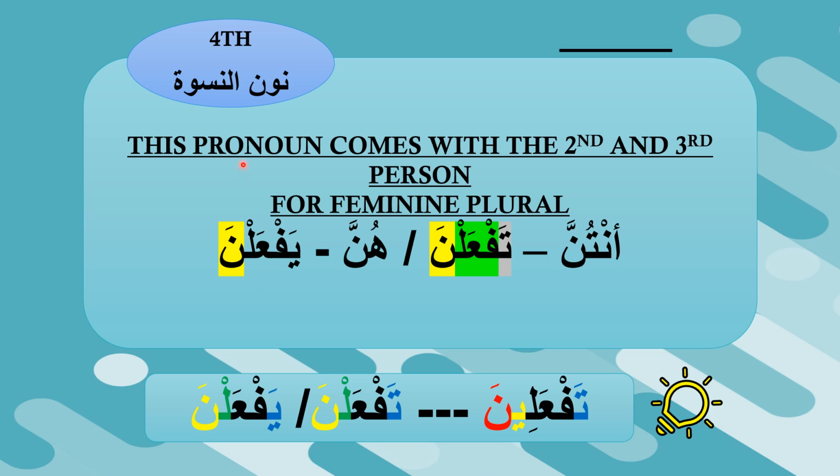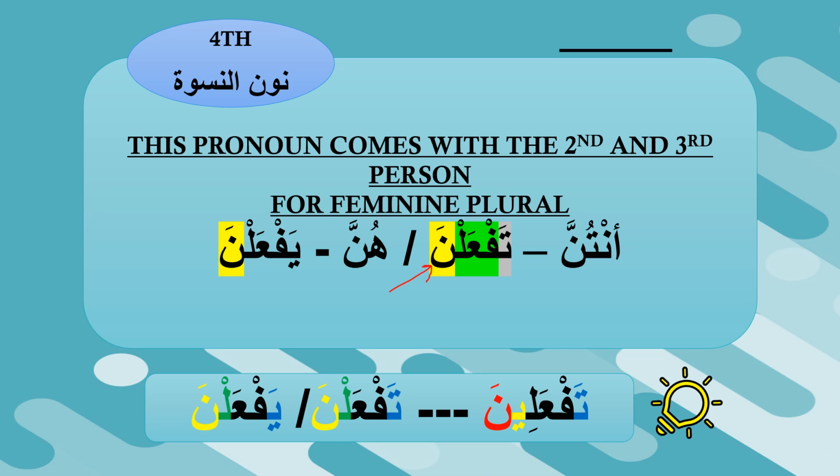Coming to the fourth pronoun, the noonun niswa. Here is the example of mukhatib antunna and hunna from the ghayabs. As you can see from the mukhatib, the ta represents the mukhatib, and then you have the fail, and in yellow you can see the damir noonun niswa. So where is the proof that this is not an extra noon and it is a damir?